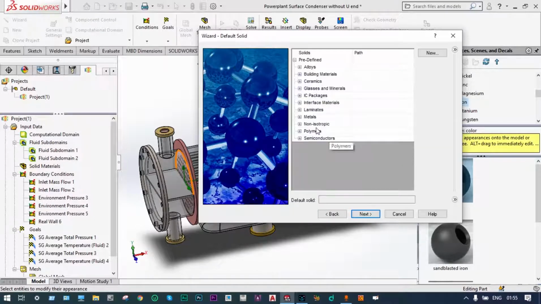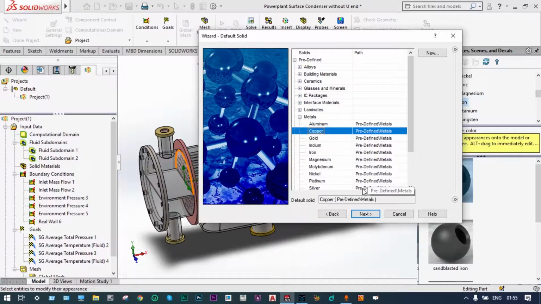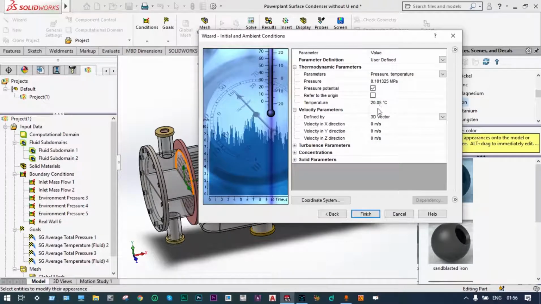Next, the material we are considering default material as copper. Next, we are considering default roughness values. Next, temperature will be 20 degrees centigrade, that is atmospheric temperature. Similarly, the solid parameters, that is the shell temperature will be 20 degrees centigrade. And let us see concentration.